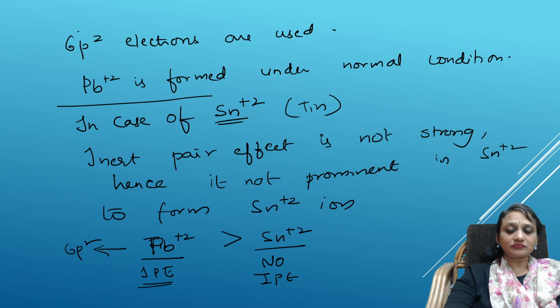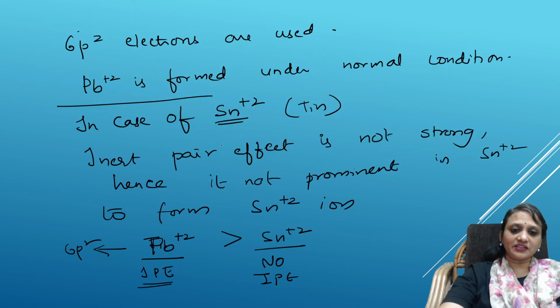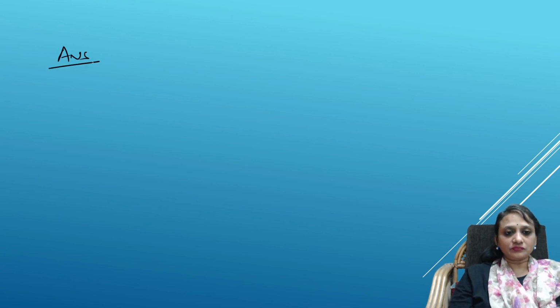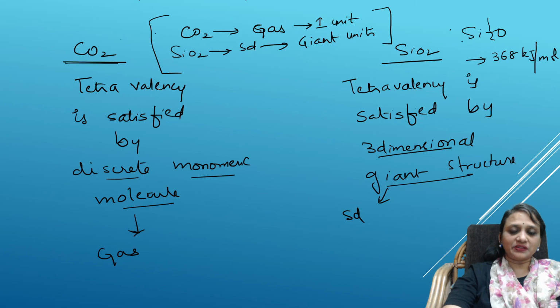Next question. Let us see the next question. Hydrogen fluoride has higher boiling point than hydrogen chloride. Very nice, easy question, students. They said hydrogen fluoride, answer 3. Once again, let me read.